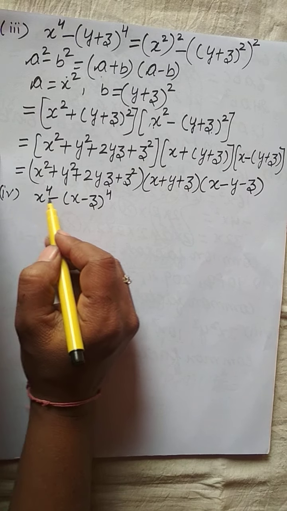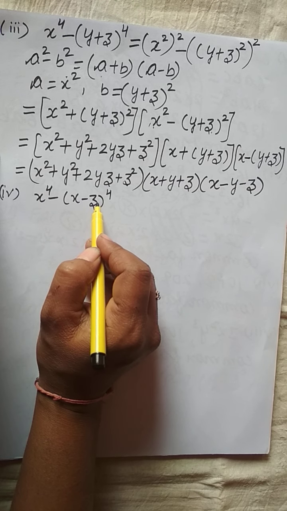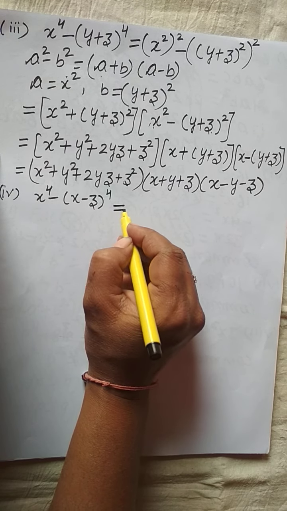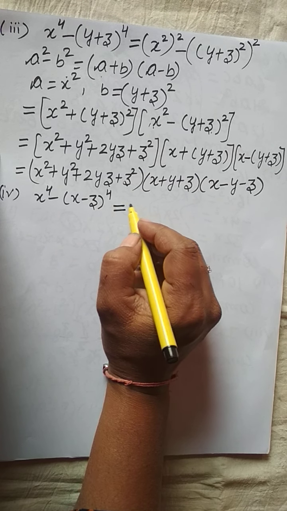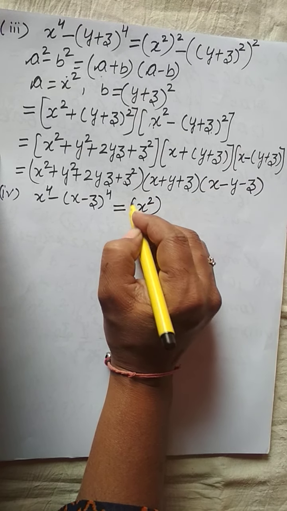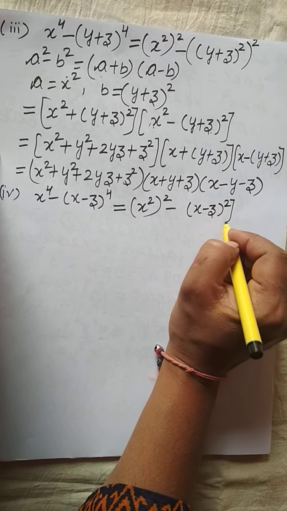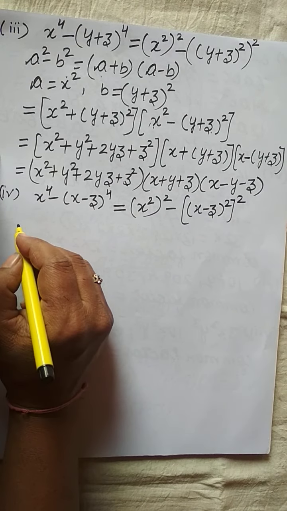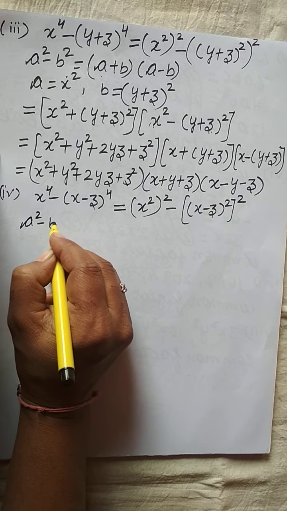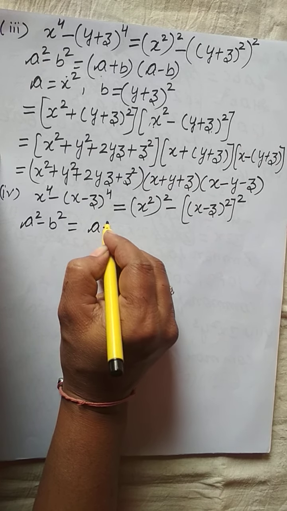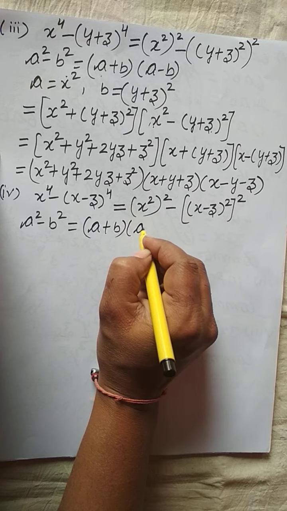Fourth part is x raised to power 4 minus x minus z raised to power 4. Again in this part, firstly we will simplify this as square of x square minus square of x minus z whole square. Now compare with the identity a square minus b square, which is equal to a plus b into a minus b.